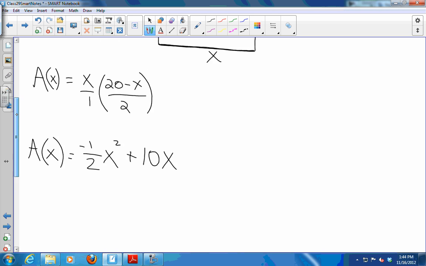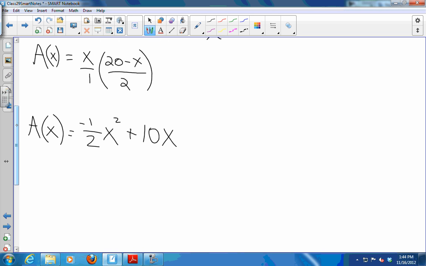Perfect. So if I wanted to draw a picture or a graph, right? Here's x, here's area. Just graphing this, I know that it goes through the point (0, 0), because if I plug in 0 for x, I get 0 for y.